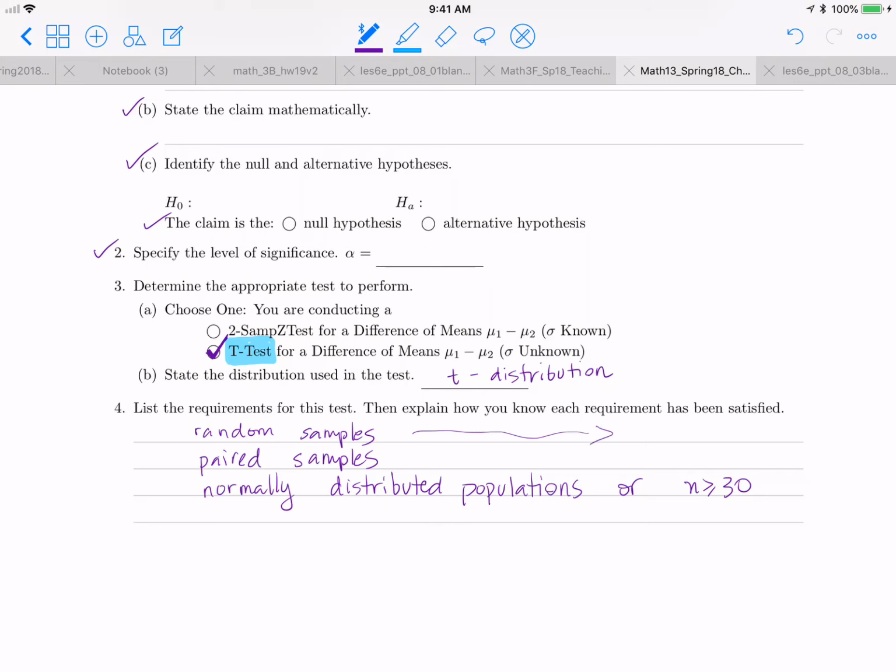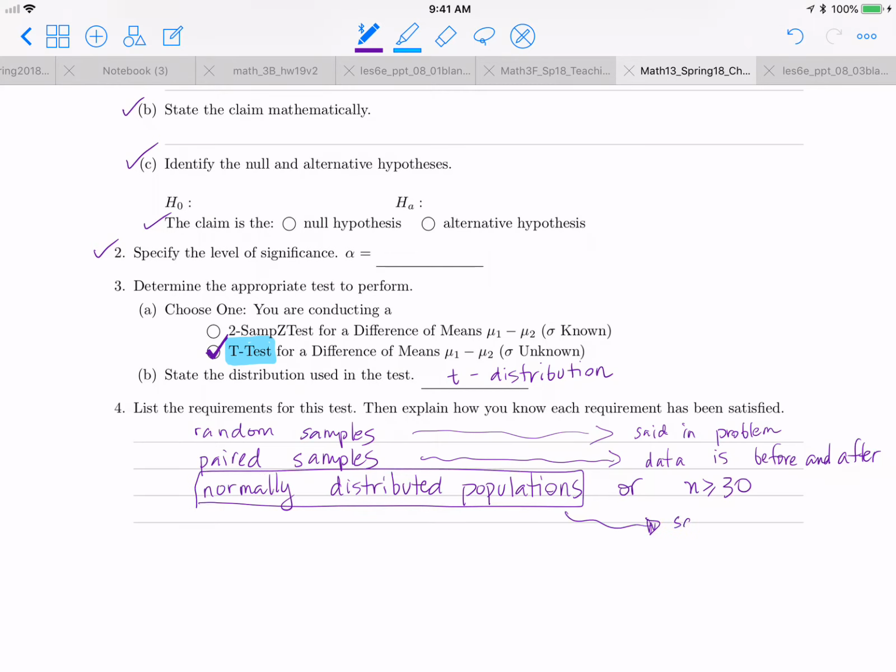Random samples, said in the problem. Paired samples, how do we know it's paired? Because it's before and after. So data is before and after. And then we just highlight normally distributed populations, said in the problem.